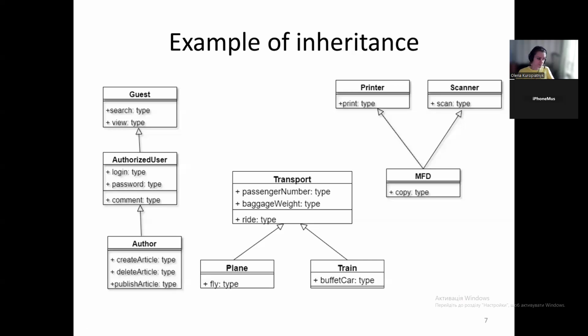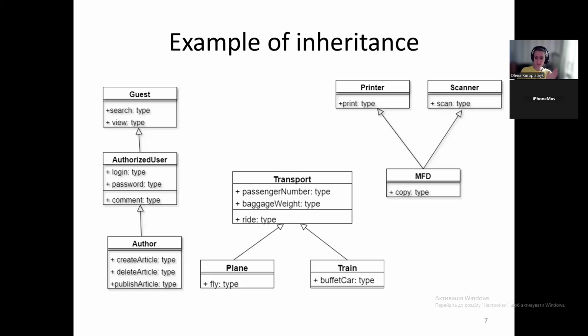And the third type of inheritance you can see on the right part of this slide. It's about devices: printer, scanner, and MFD. Not all languages support this type of inheritance.